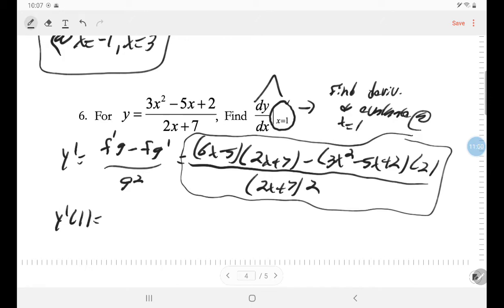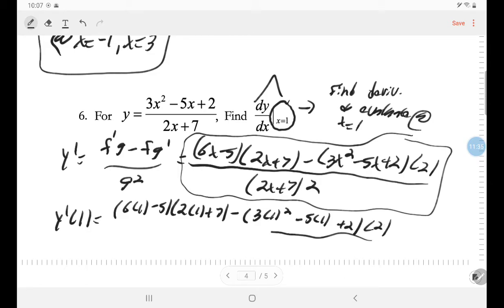So rather than doing all this crazy distributing and whatever with all the variables and stuff, which I know can make it easy to make mistakes, I'm just going to plug 1 in right now. So that's going to give me 6 times 1 minus 5, times 2 times 1 plus 7, minus the quantity 3 times 1 squared minus 5 times 1 plus 2, times 2, all over 2 times 1 plus 7 squared.